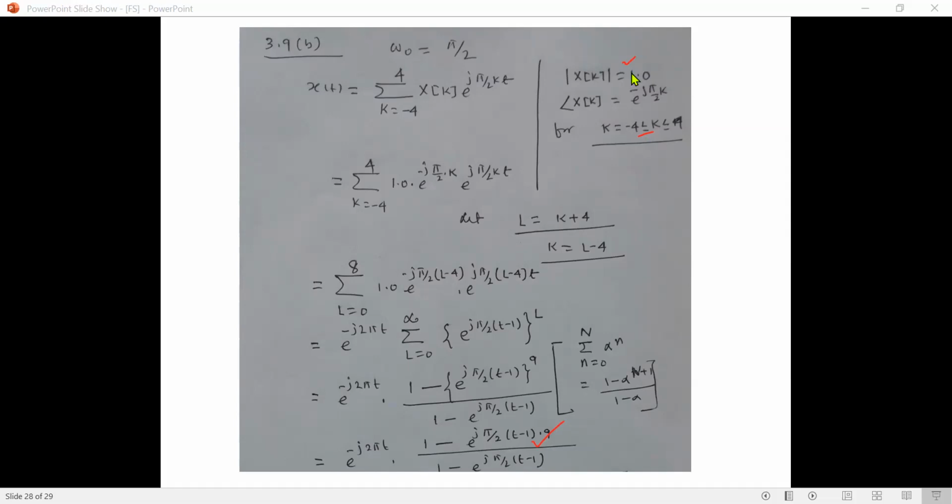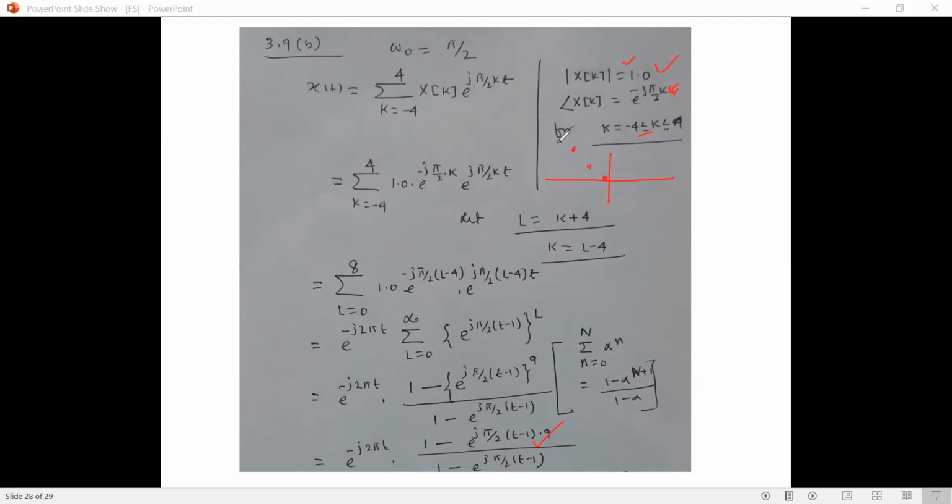The value of your Xk is given. The magnitude of Xk is this, and this is your phase angle. You see that your phase angle is linearly changing with respect to k. That means if your phase angle is given at k equal to 0, it is 0. For k equal to minus 1, your angles are positive.